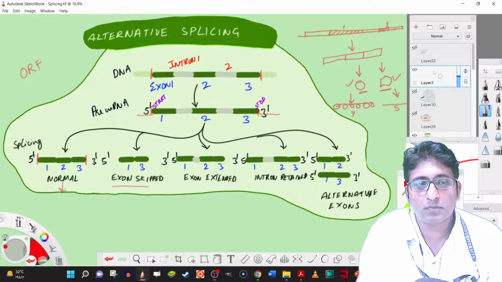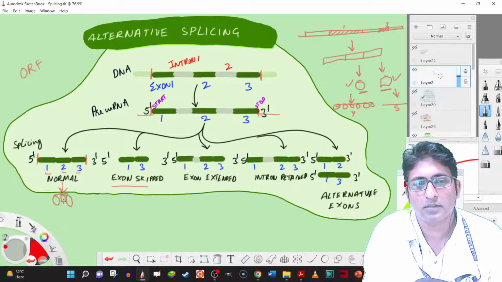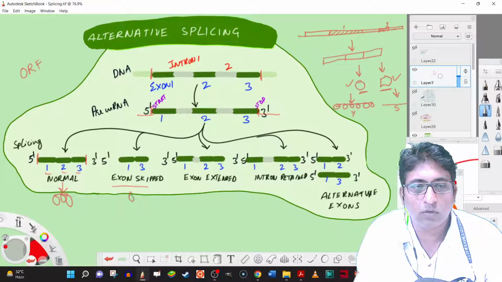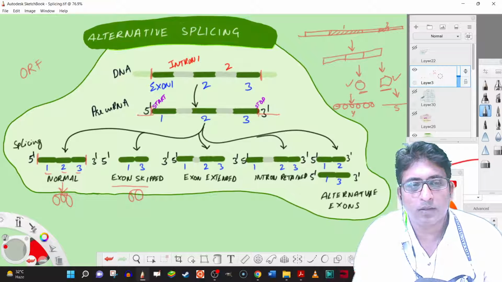A protein that is produced from the normal splicing that we know, which constitutes exon 1, 2 and 3, would produce a protein, say something like this, right? Whereas if one exon is skipped, we would only get a protein with 2 domains, assume like that. So these two are different proteins.